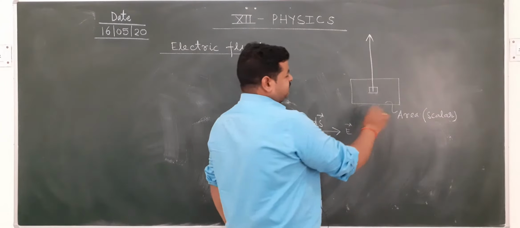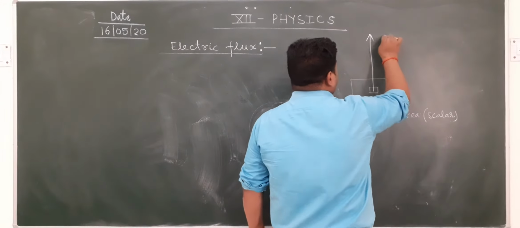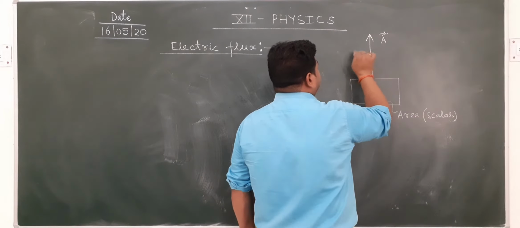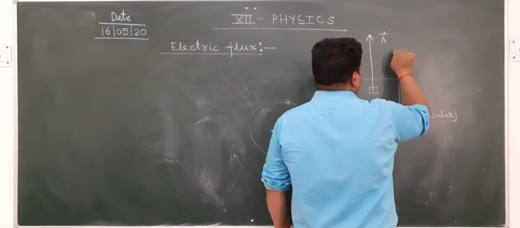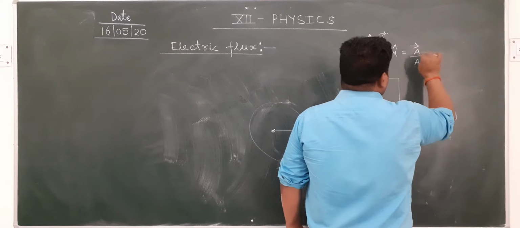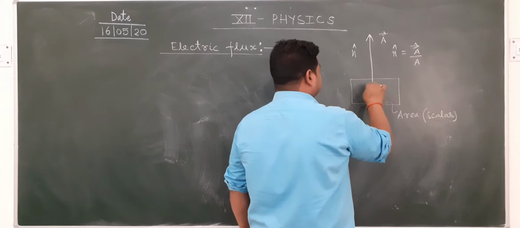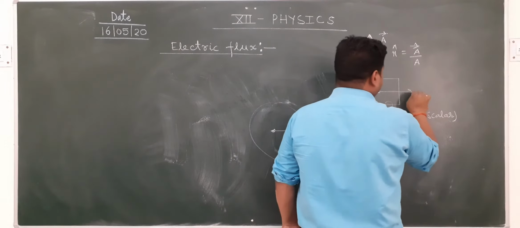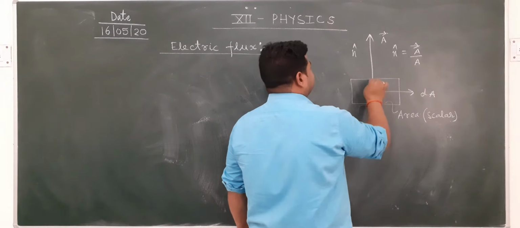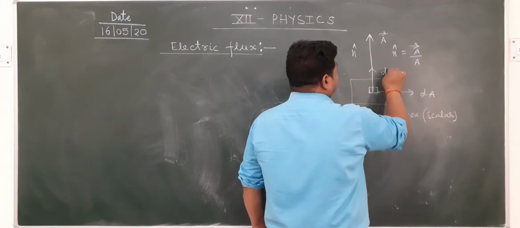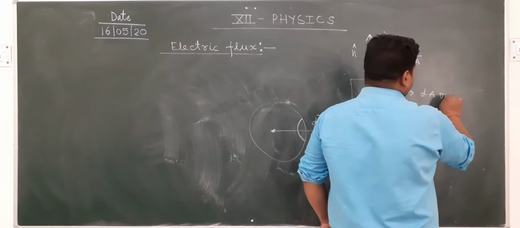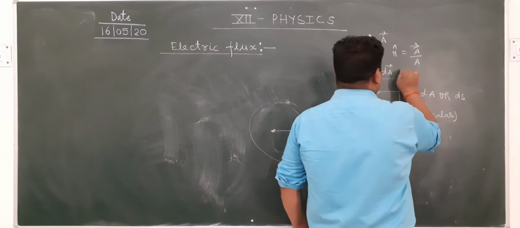So we have studied what the area vector is. The area vector will be represented by vector A. If the unit vector along this area vector is n cap, then n cap is equal to vector A upon A. If we assume that this is a surface element and this is dA, then for this surface element we indicate the area vector by d vector A, which will be represented by ds or ds vector.